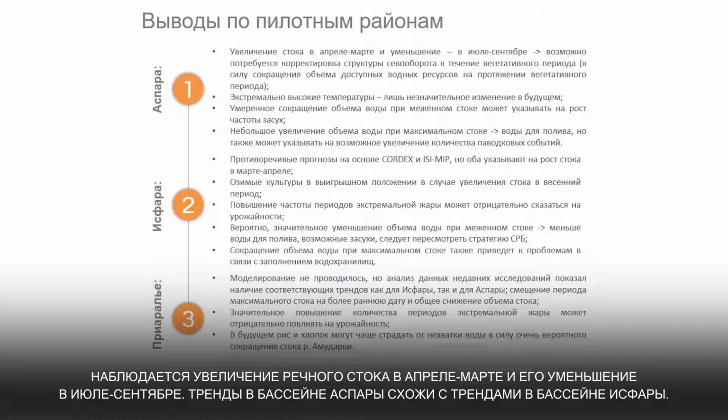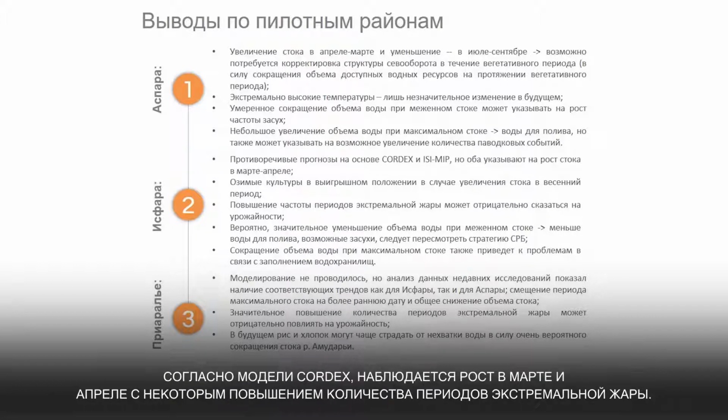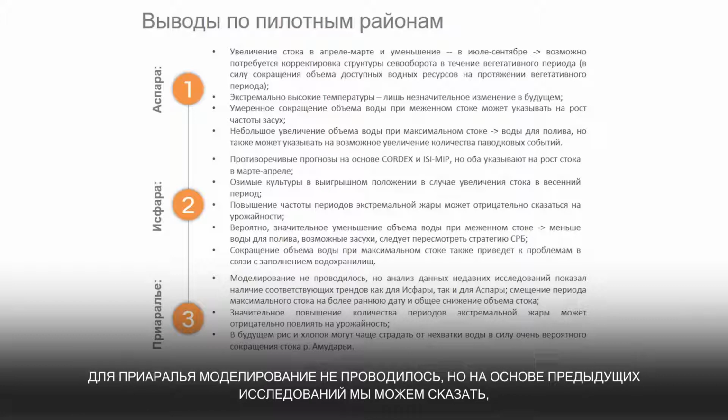In Aspara, we have a similar trend as in Ispara for CORDEX, with an increase in March and April, with some rise of extreme heat events. For the Prearalia region, we did not make modeling, but based on previous studies, we can say that the results are quite similar to the Ispara and Aspara catchments.